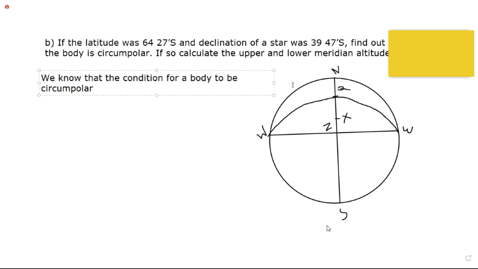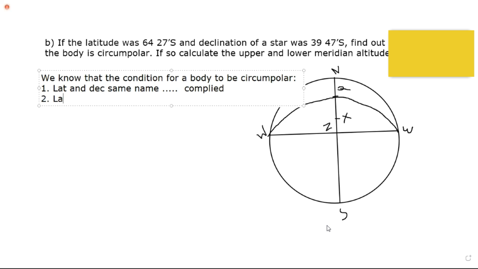QZ is 64, ऑटोमेटिकली जहां पे लगाया उधर ही होगा, राइट और रॉन्ग. Lat and dec, same name. So this is complied because both are complied to lat plus declination greater than or equal to 90 degree.